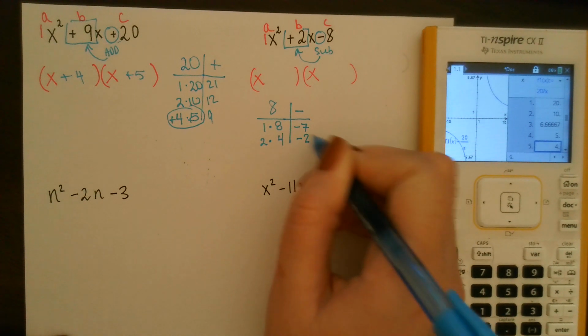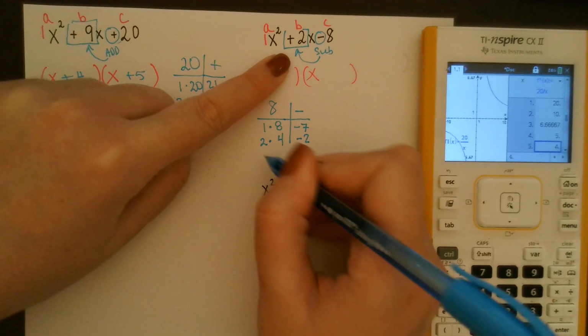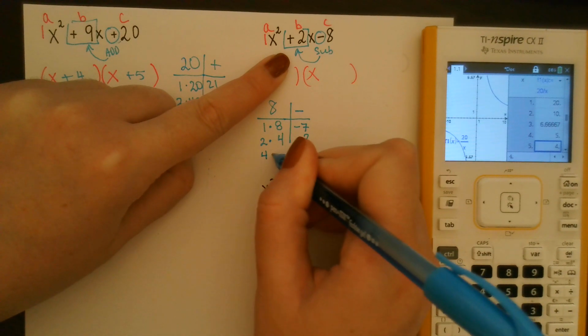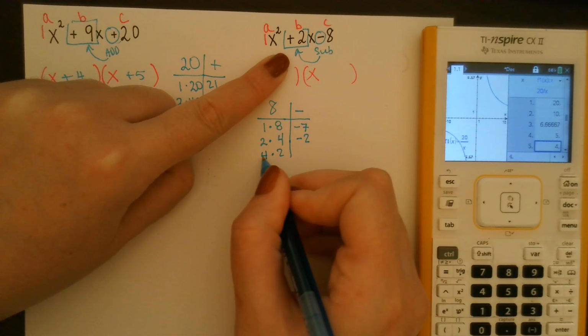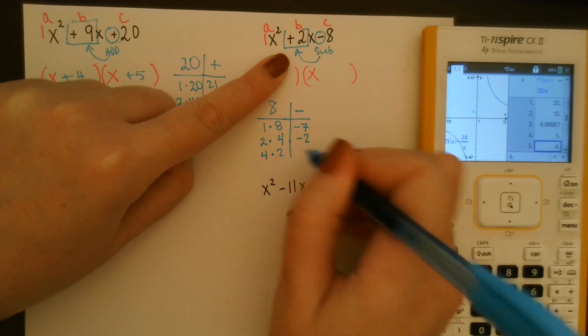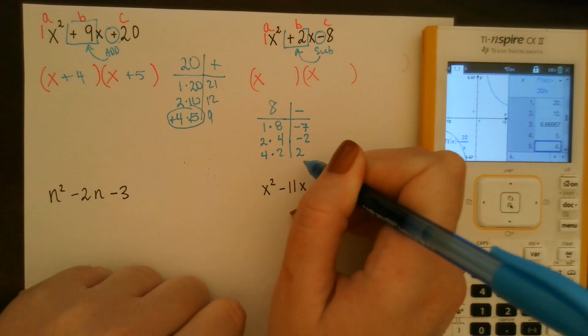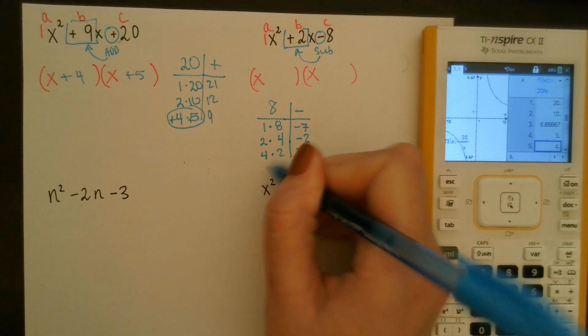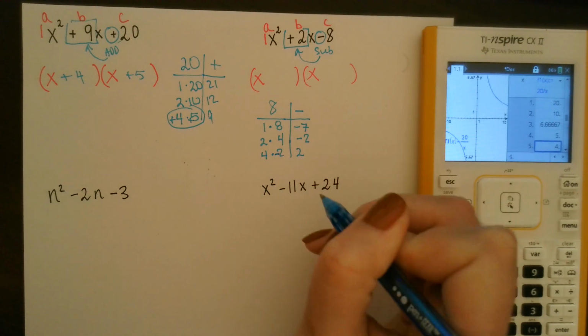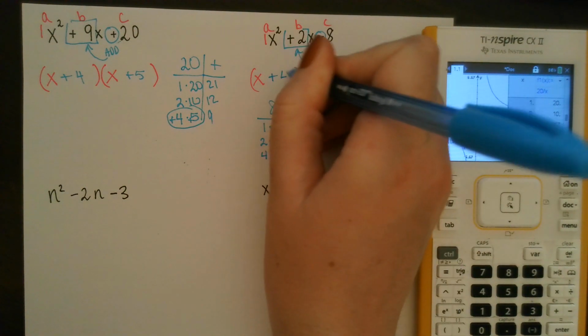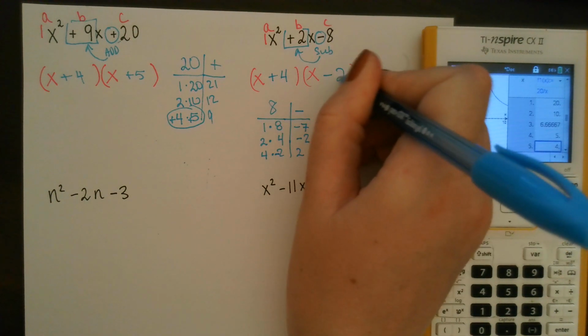Well, I have a 2 here, but I need it to be positive. So let's try 4 minus 2. Well, that is 2, which means we need a positive 4, and minus 2 is the same as negative 2. So that's what we'll fill in to our parentheses.